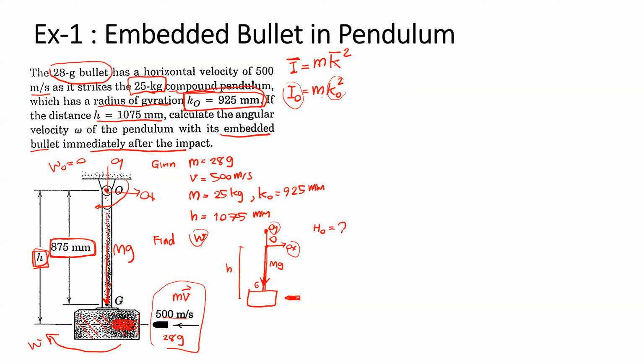In this case, in the initial case, we have nothing moving in the system. We only have the bullet that moves. The bullet moves with magnitude mv, and the orthogonal distance h.